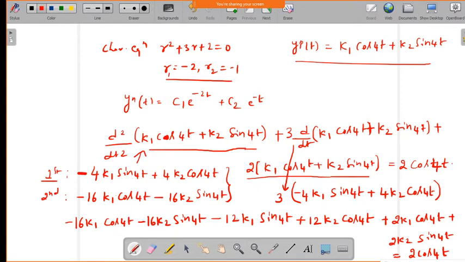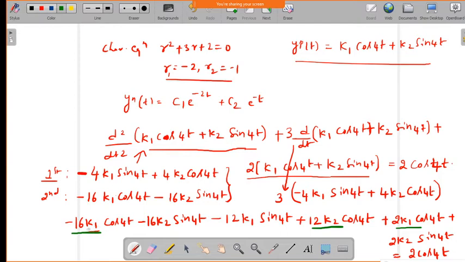Now add the sin terms and cos terms. What are the cos terms? I will mark the cos terms in green. These are the cos terms: minus 16 k1, 12 k2 and 2 k1. You need to take care of k1 and k2.